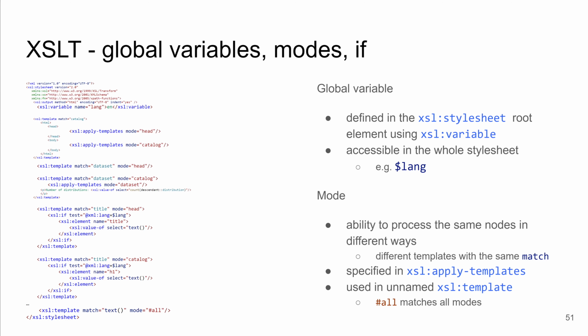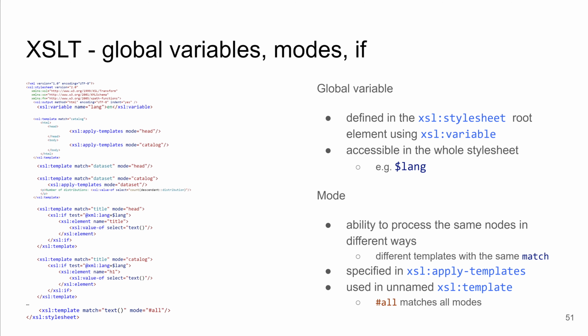And this way, we also have a template matching a title in the head mode and a title in the catalog mode. In the head mode, we output the title element, and in the catalog mode, we output the H1 element. Actually, this is not the whole style sheet. Then I have a template again for title in the dataset mode, which gets set in the template processing a dataset in the catalog mode and resets the mode to dataset.